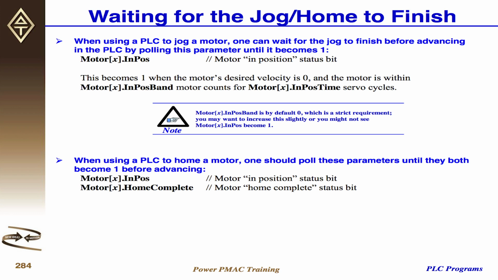So since inPosBand is by default 0, it means it's looking for a 0 following error when desired velocity is 0, which may be a strict requirement if your tuning cannot produce 0 following error, in which case you would want to expand your inPosBand a little bit. You can set it equal to half a count or something like that in case 0 counts is too stringent of a requirement. Now that's for jogging.